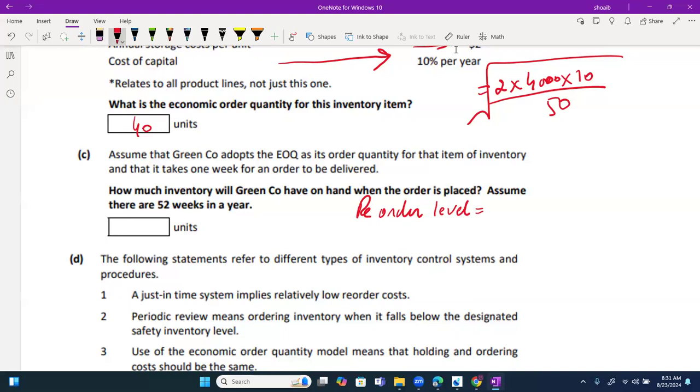Assume that Greenco adopts the EOQ as its order quantity, 40 units, and that it takes 1 week for an order to be delivered.